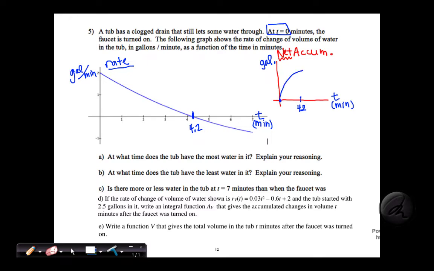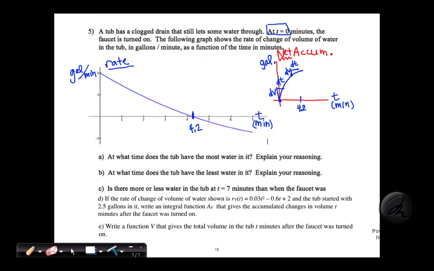Without doing a whole bunch of approximations, I could at least say, first this is going to be a lot of gallons per minute, and then it's going to be fewer gallons per minute, or the ratio of dy to dx, or dv to dt, would be larger at the beginning and smaller at the end for the same amount of dt, whatever points I pick. The farther I go on, the smaller the ratio dv to dt is, until I get to around 4.2, at which point the water starts decreasing.